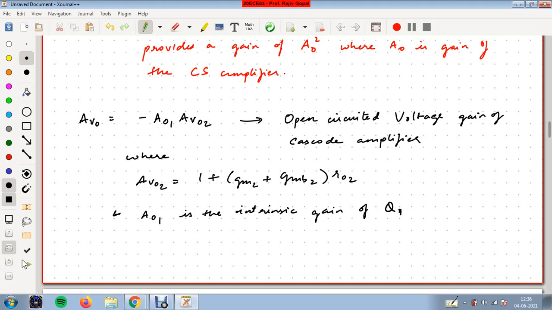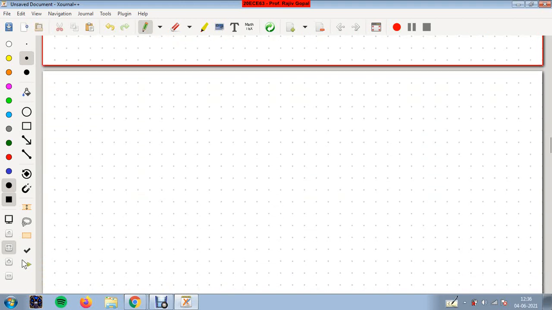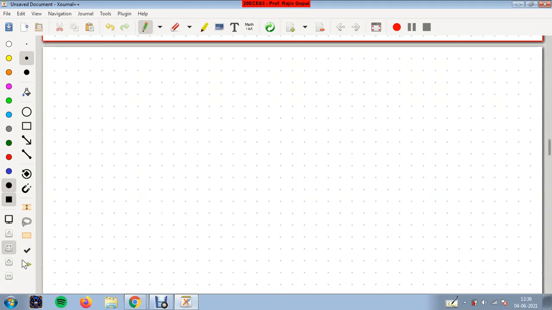Now we need to find out what is the actual gain, the overall gain of your cascode amplifier. For that, I will draw a couple of circuits, right? So here is the first one. So this is plus minus. I have a dependent source here. Okay, then I have a resistor here.